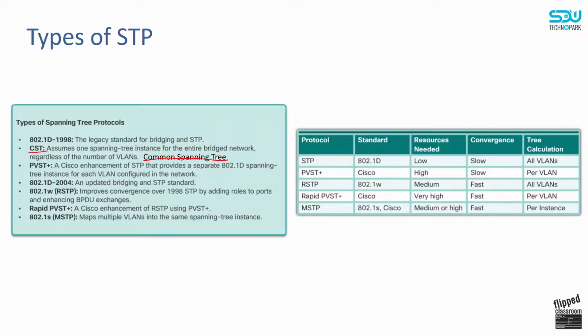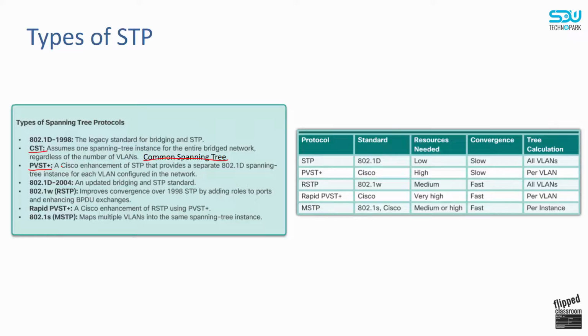And also we have PVST plus, a Cisco proprietary protocol, which is an enhanced version of STP that provides additional functionality: the switch can work with multiple spanning trees according to the different VLANs, like a VLAN-based STP. That is why it's called per VLAN STP.